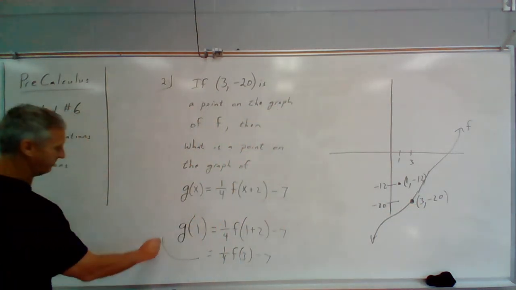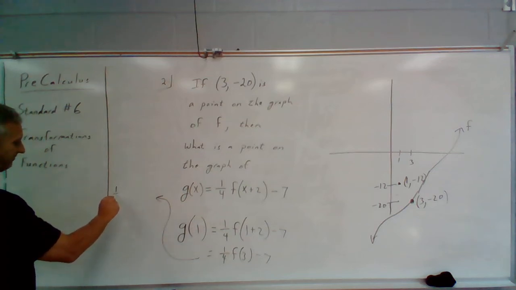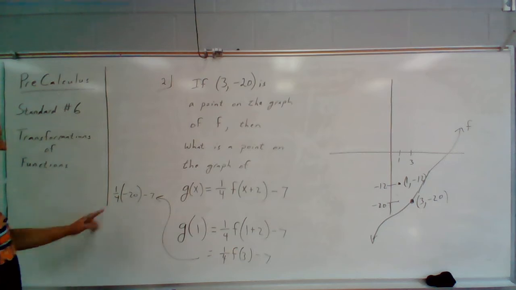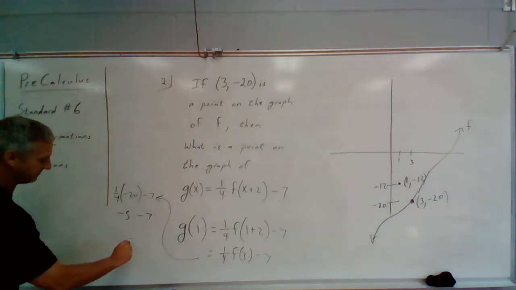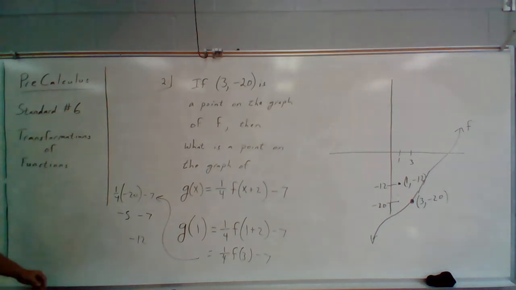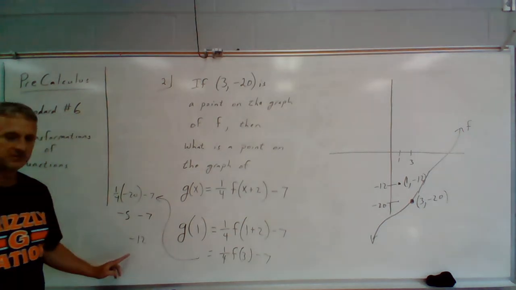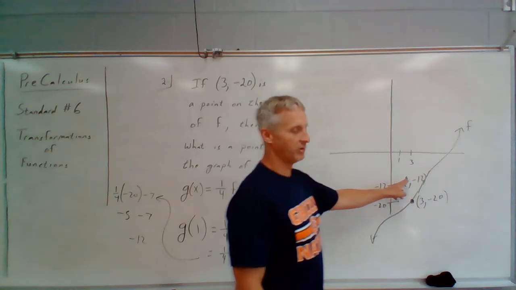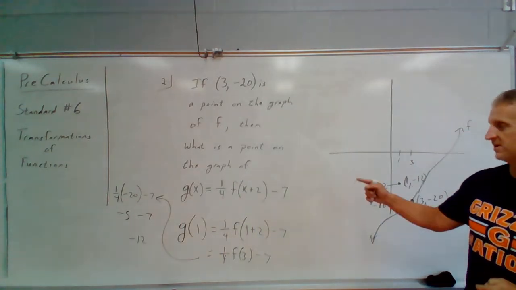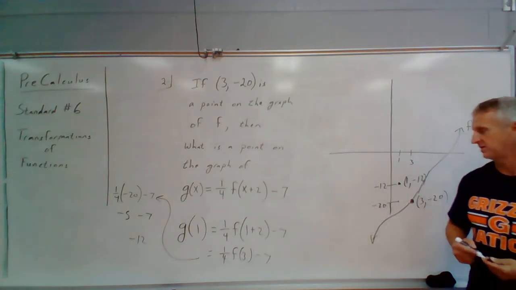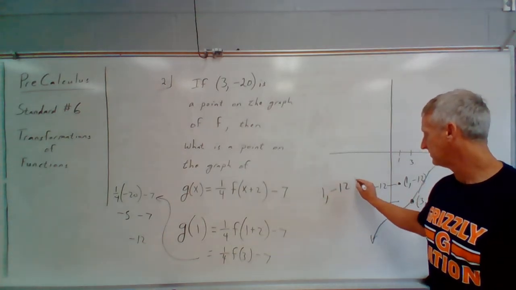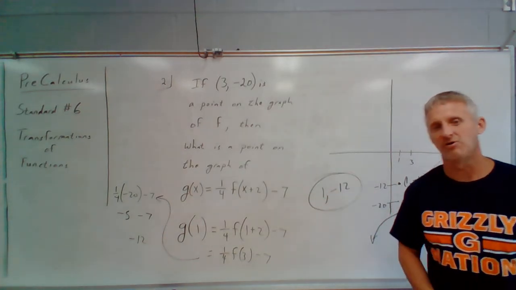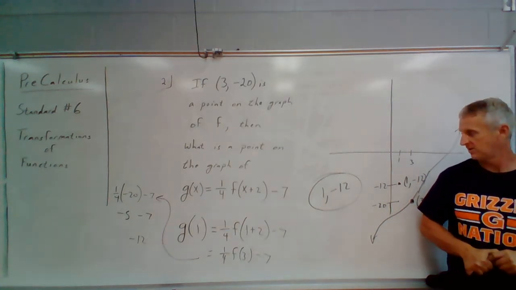So I've got 1/4 times -20 minus 7. 1/4 times -20 is -5 minus 7, and I get -12. So g of 1 is equal to -12, and the point 1, -12 would be a point on the graph of g. So the answer is 1, -12. And that's the only point that we know for sure can be on g.